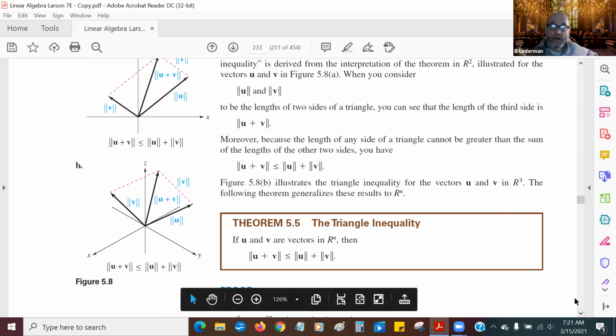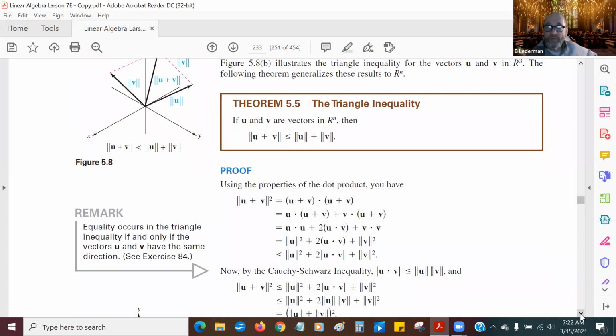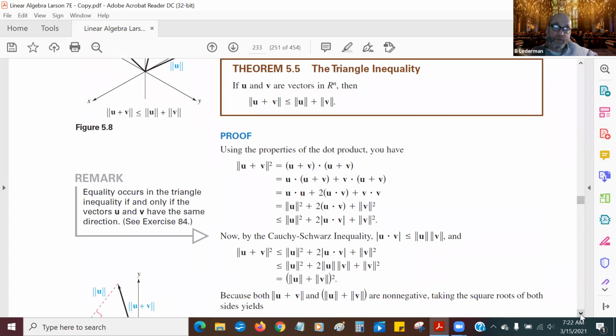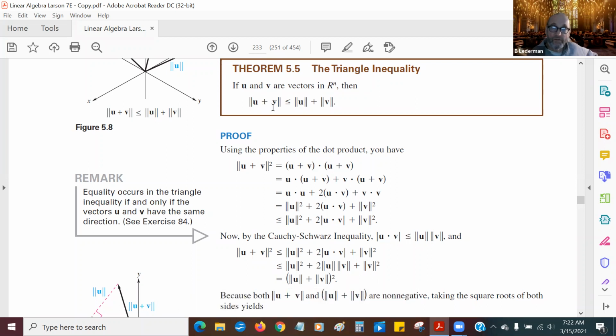Anyway, here is the proof of this theorem, and it really just comes from the properties of dot product. Sometimes we give these lists of properties and they seem so boring, just a long list of properties, but these properties are going to help us prove some phenomenal, amazing things. So let's look at the magnitude of u plus v.